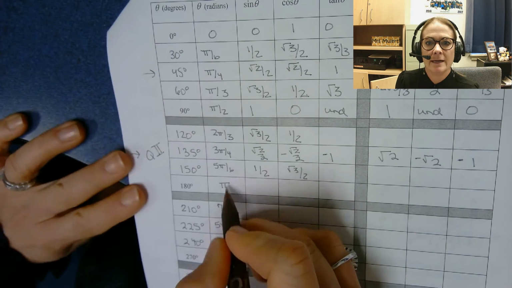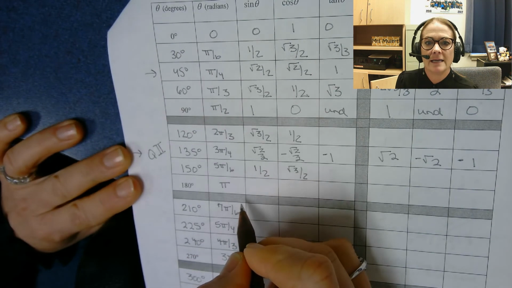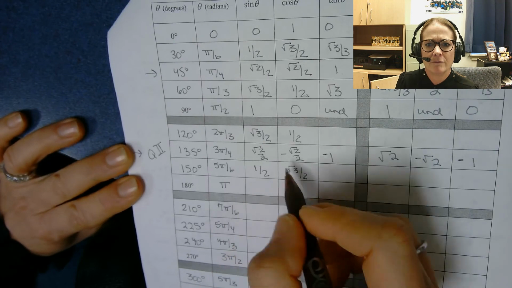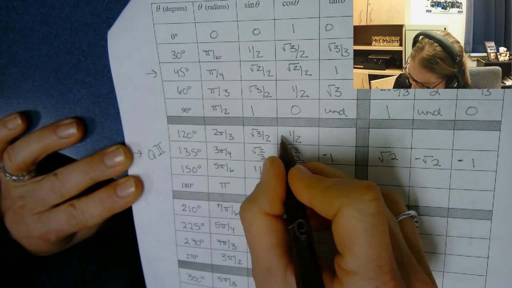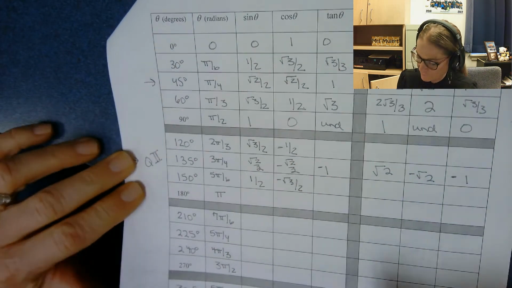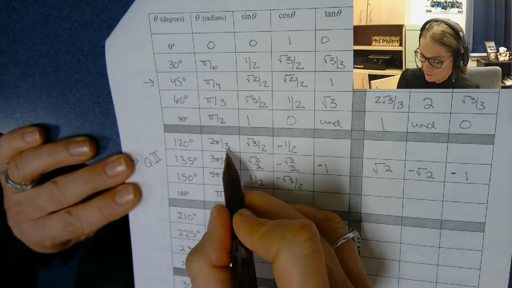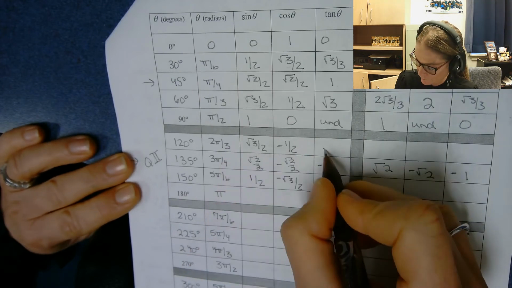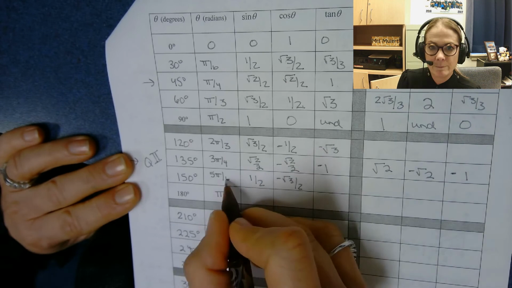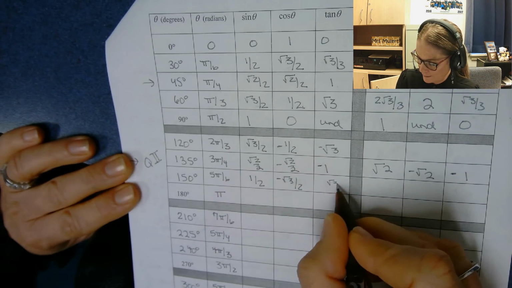So that's great. And then we'll just get our signs in here for the cosine, because we're in quad 2 and cosine's negative. And then tangent, of course, is very easy. Tangent, you just look at this denominator. There's only a 1 3 here in the number 3, so this is root 3. And 3 plus 3 is 6, so that's root 3 over 3 here.